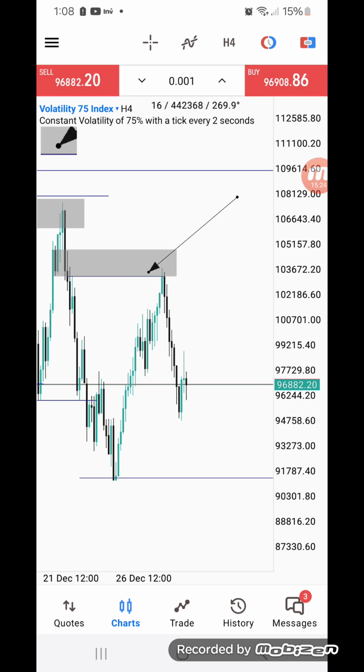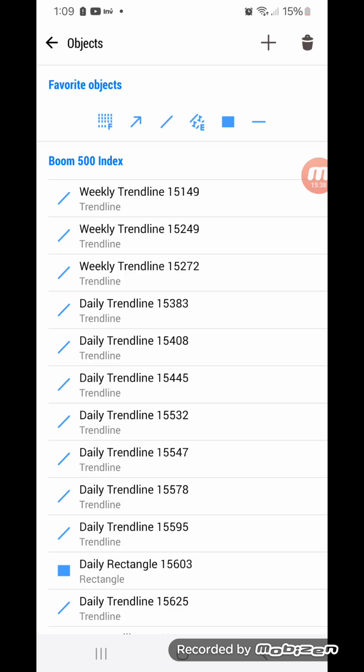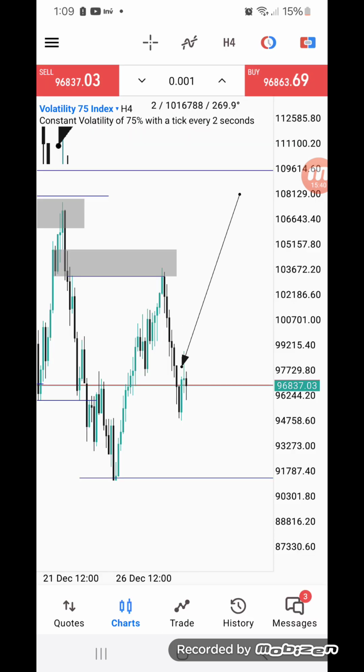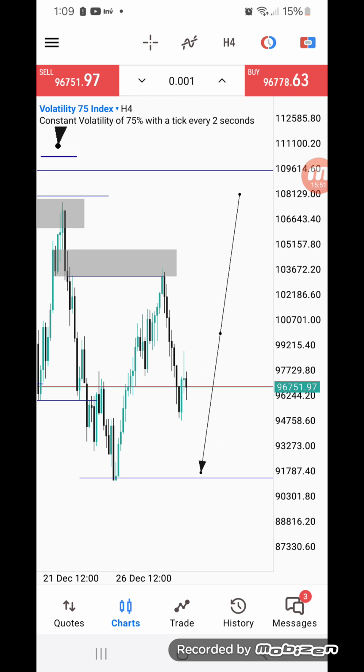I was supposed to enter this trade, but I was a bit busy and forgot to enter around this point. But either way, I was able to catch this trade halfway, because I know that this trade is going to move to the downside, heading to the lower side, or rather the sell side liquidity.